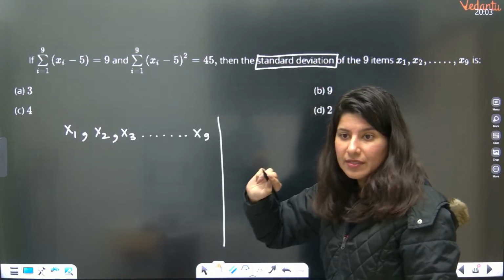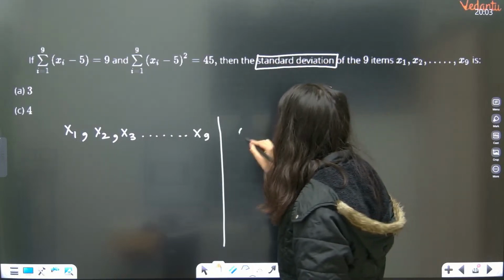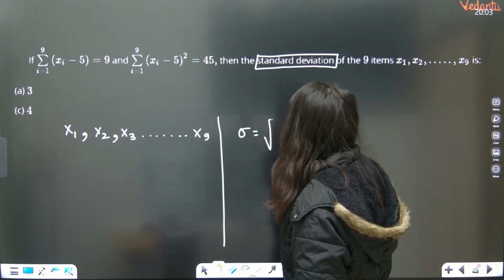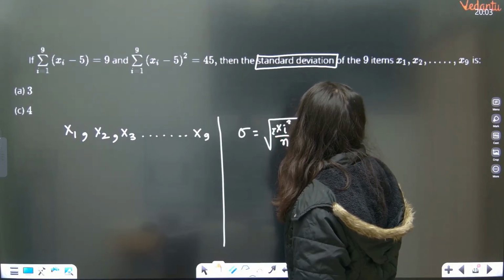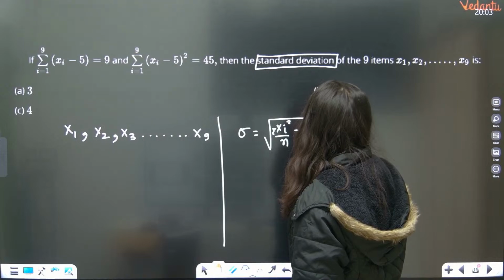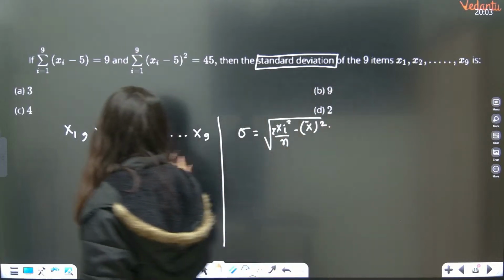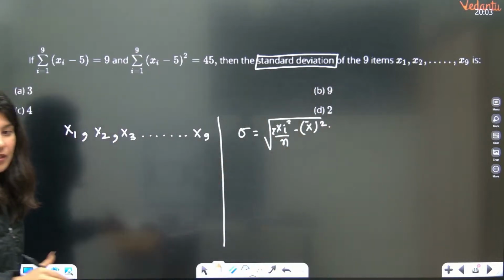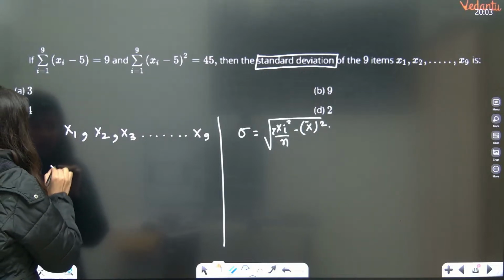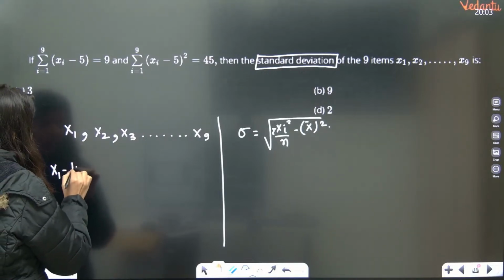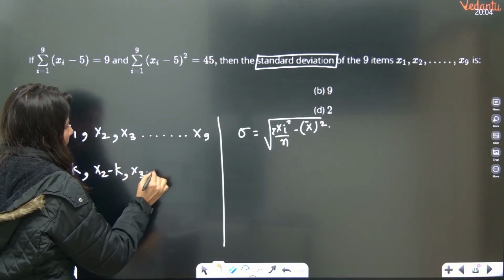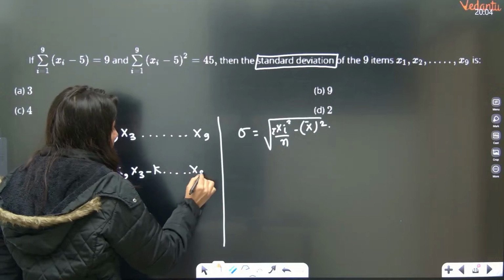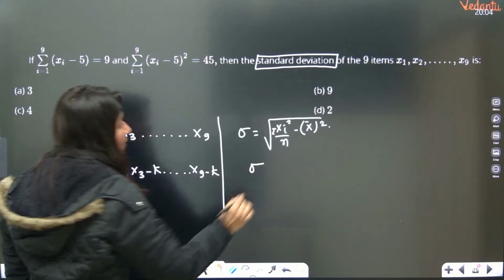Standard deviation sigma is equal to the square root of sum of xi square upon n minus mean square. This is the formula for standard deviation. But if you have x1 minus k, x2 minus k, x3 minus k as your observations, then your sigma will not change.